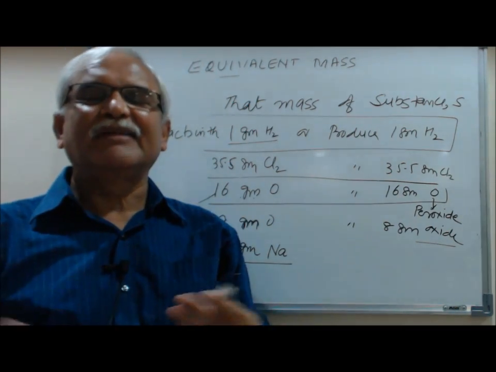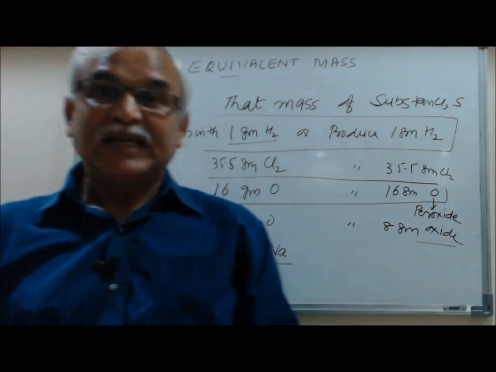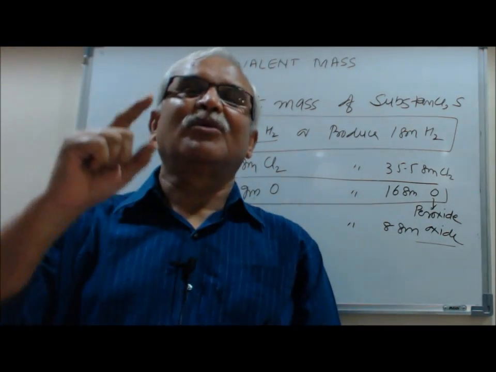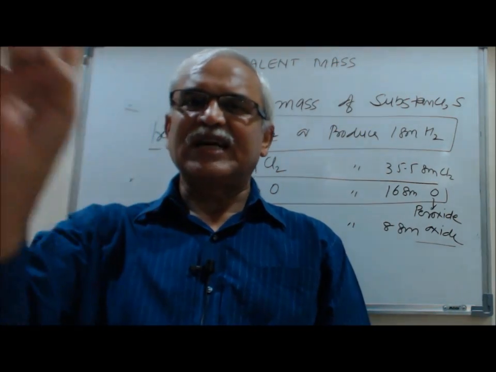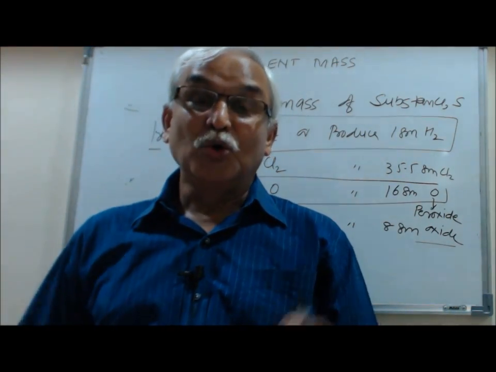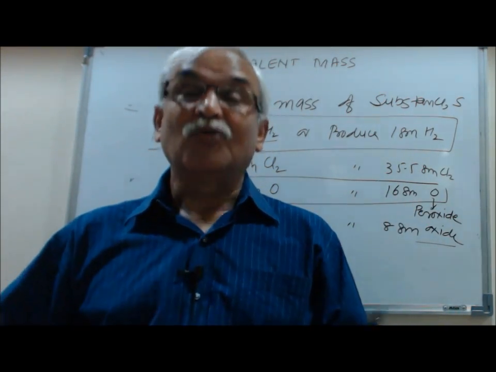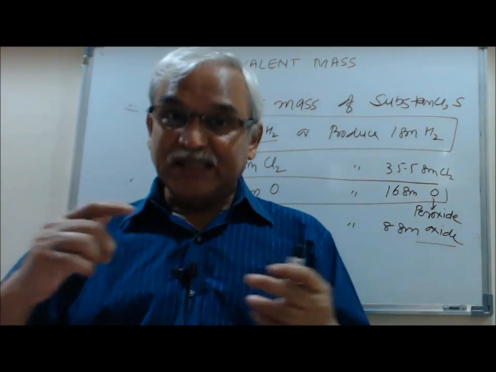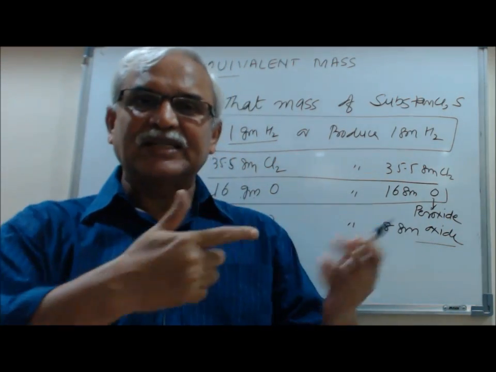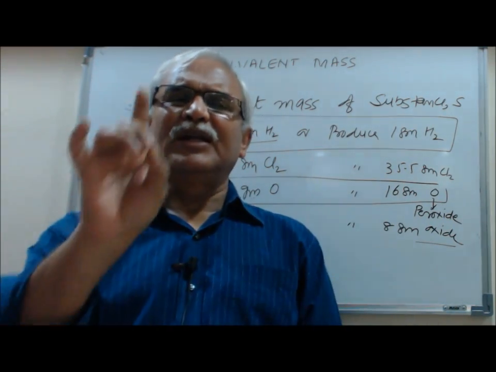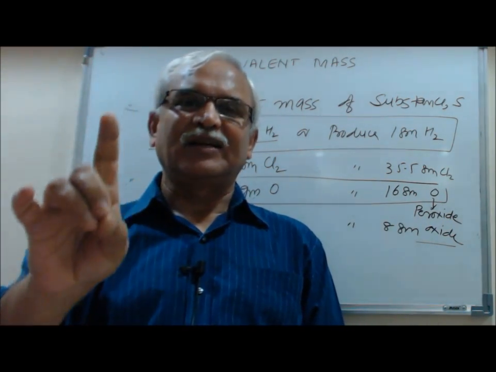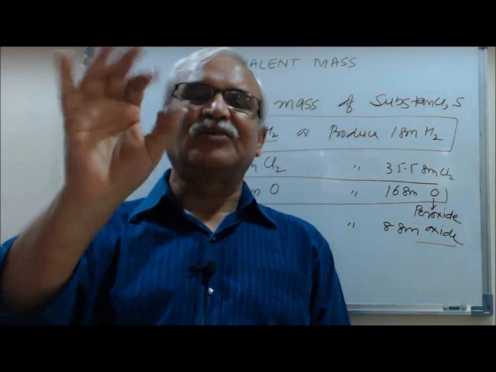So this is what we call the definition of equivalent mass. The definition also derives from the concept that one equivalent always reacts with one equivalent. No matter what the type of reaction, what the condition of reaction, what the product of reaction, what the ratio of the reaction, irrespective of that, one equivalent always will react with one equivalent. This is the power of equivalent mass.